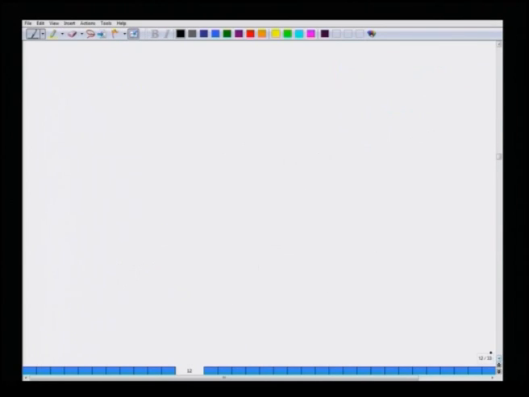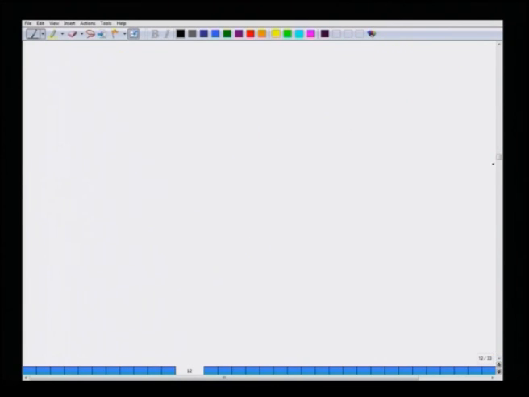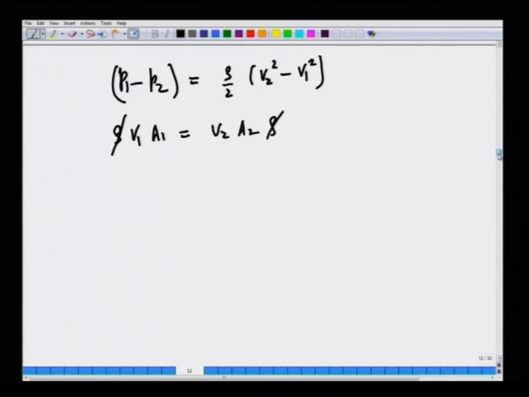Okay. Now, the mass conservation equation tells us that V 1 A 1 is V 2 A 2. Of course, rho is there, but rho is cancelling out because it is an incompressible fluid. We are assuming incompressible fluids, rho is a constant, does not change. Okay. So, you can write V 1 as V 2 times A 2 by A 1.